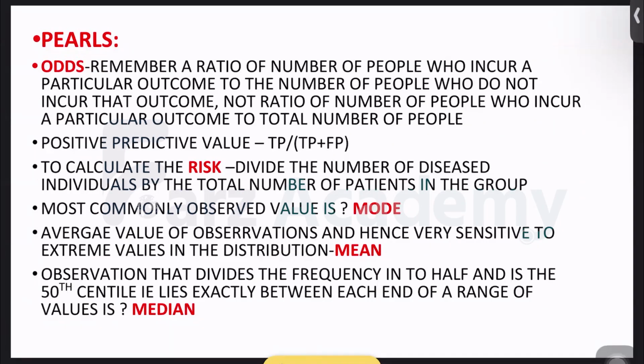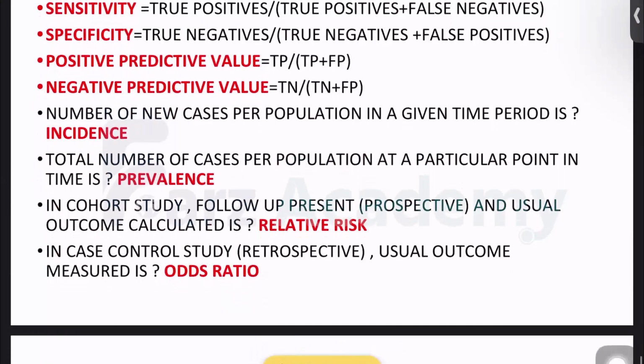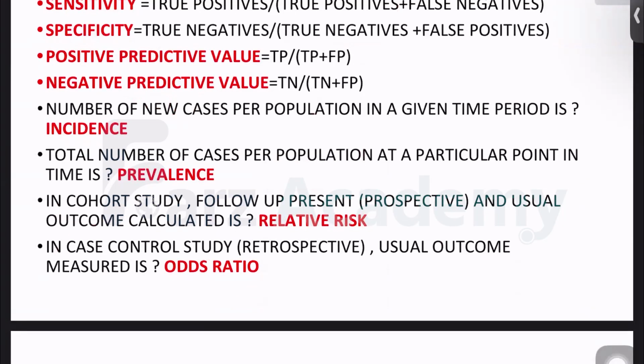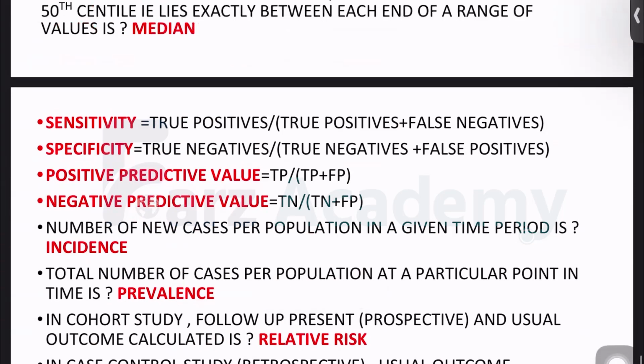It is not the ratio of the number of people to the total number of people. Also remember how you take the denominator in odds ratio. Relative risk is for cohorts, odds ratio is for case-control. Cross-sectional studies are snapshot studies, prevalence studies. Cohort studies involve follow-up, prospective, and tell you new cases, that is by incidence. Positive and negative predictive value, sensitivity, specificity, we saw enough.